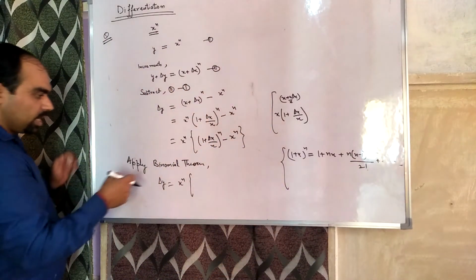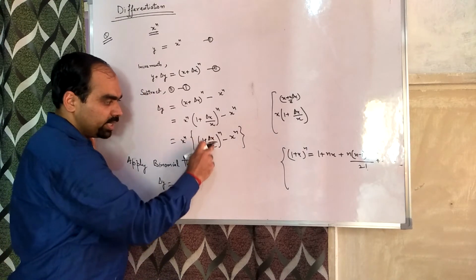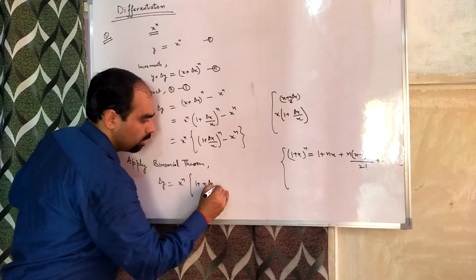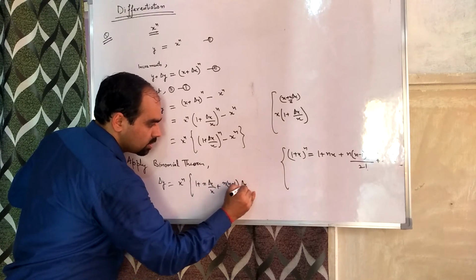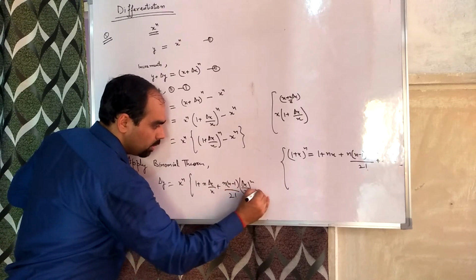So let's generalize here. यहाँ पे x की जगह कौन है? Delta x by x. So it is n delta x by x plus n into n minus 1 delta x by x का square upon 2 factorial plus so on.